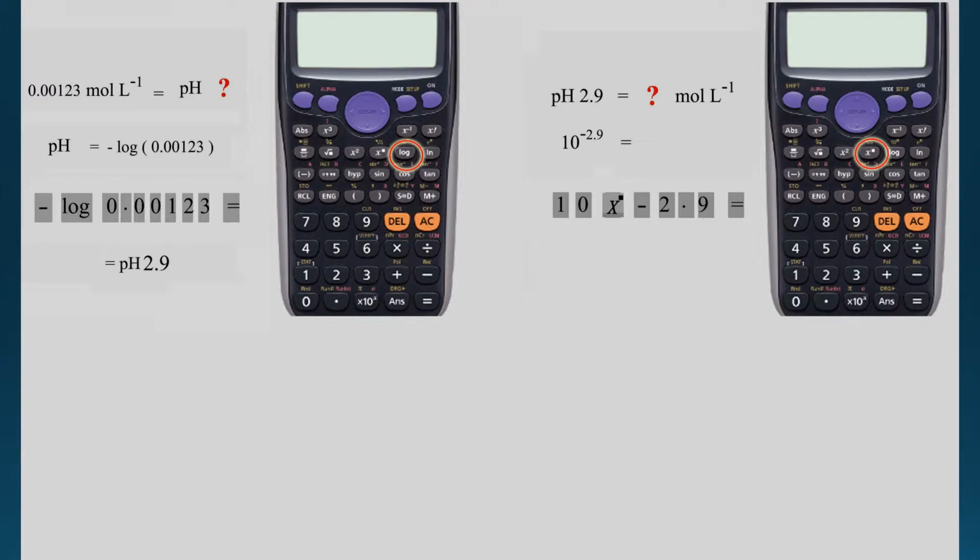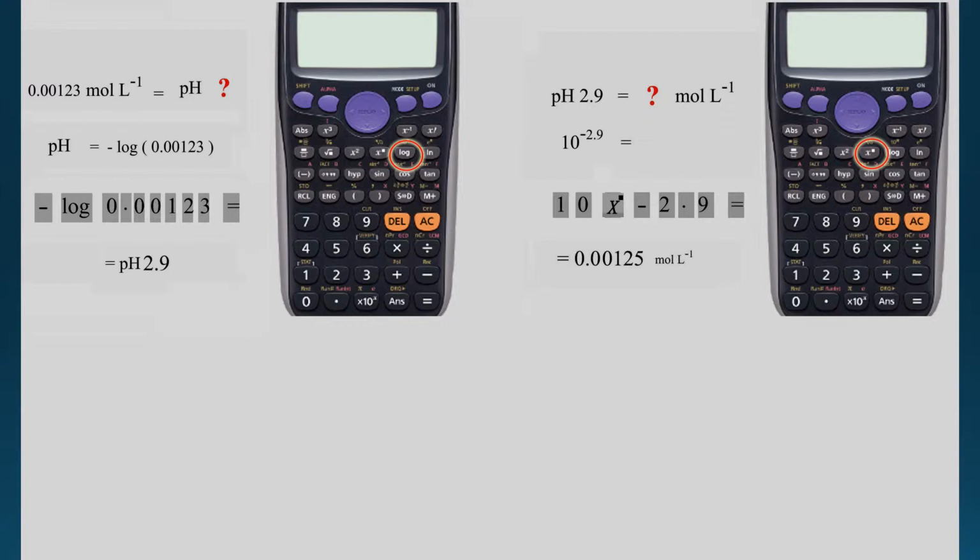So you put 10, using the key that I highlight, and minus 2.9, equal. Here's the answer. So now you convert the pH back into mole per liter form.